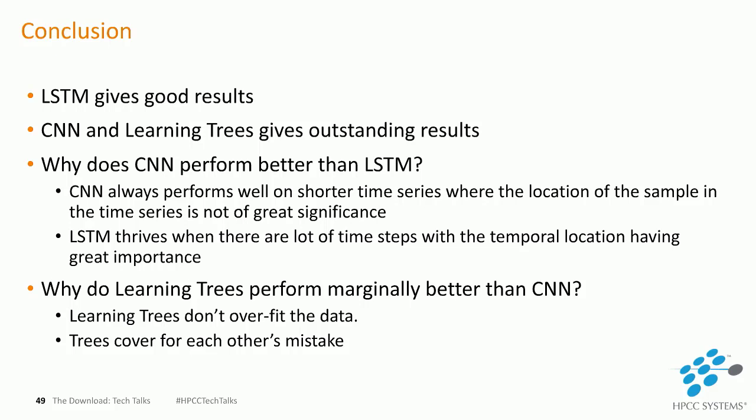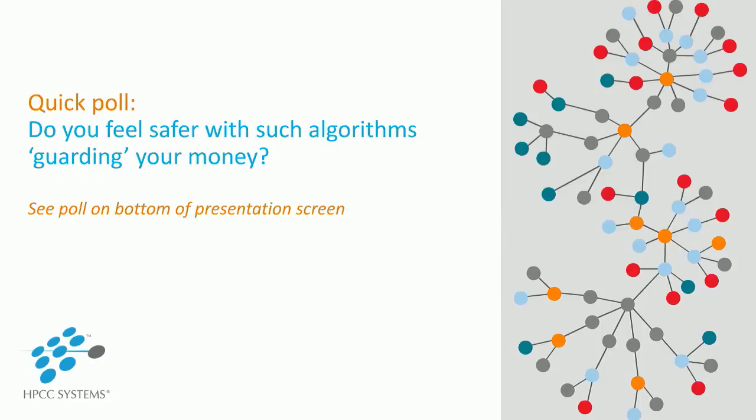But usually not a lot of error takes place. So the rest of the trees cover for the trees which give the wrong values. So this is probably why learning trees perform way better than even an LSTM or a CNN. So right, this is my conclusion.